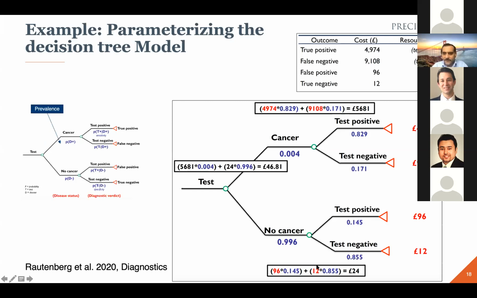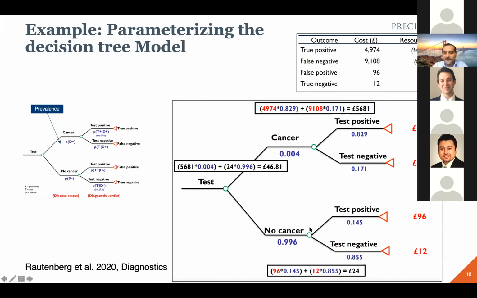Then you can compute this little branch here. Again, the expected average cost here is 560. Then you can compute the average cost in this part, which takes into account 0.04 times 5681, this expected value. So the expected value comes in this node here, 5681, and 24 comes here as the cost.